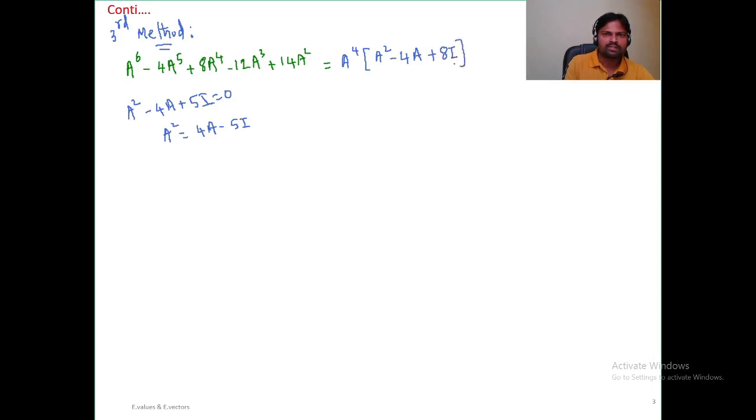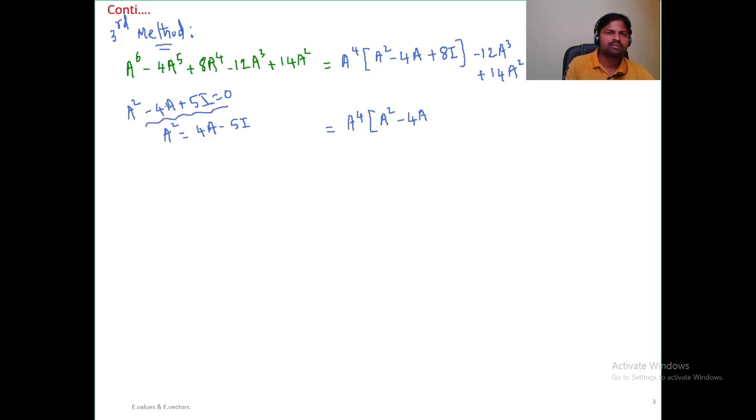Later I will adjust these terms. Then minus 12A cube plus 14A square. Next step: A power 4 times A square minus 4A. Look carefully. In this I don't want 8I. What do I want according to this? According to this I want only 5I.